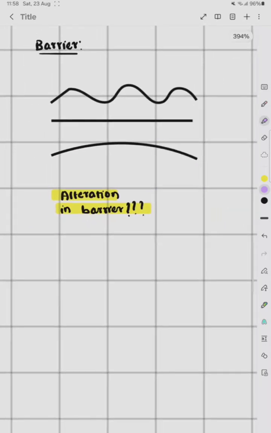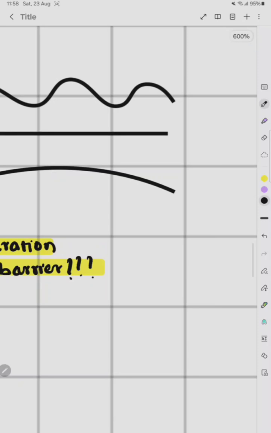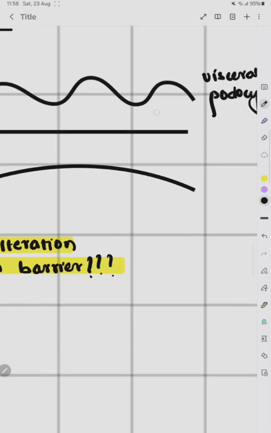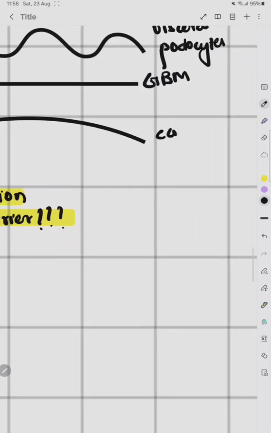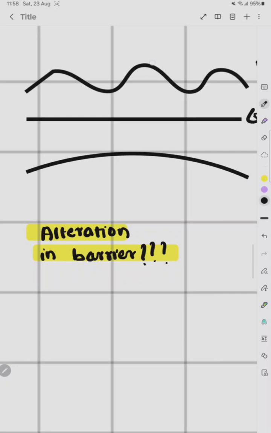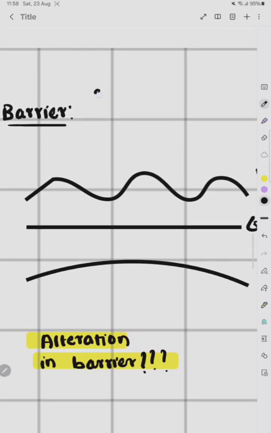A little bit of physiology. These are the visceral podocytes. This is the glomerular basement membrane, and this is the capillary wall. Together, these three layers act as a size and charge barrier.